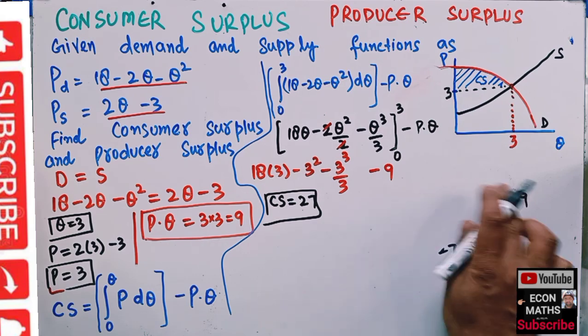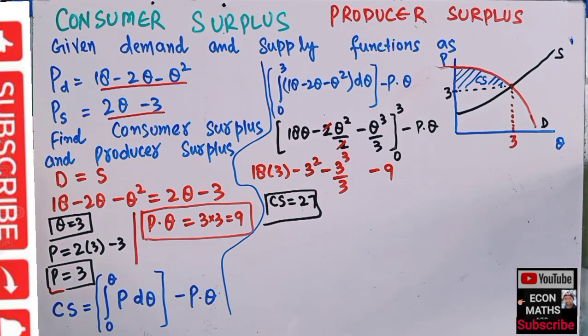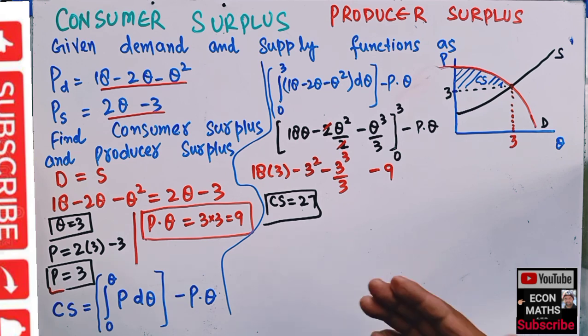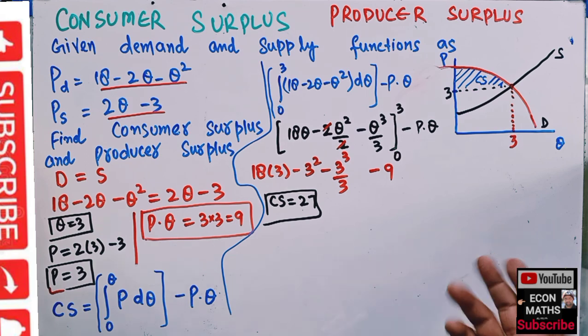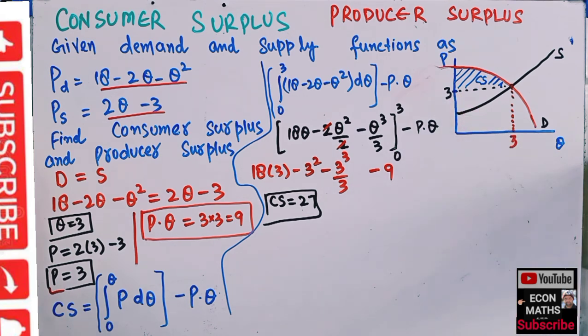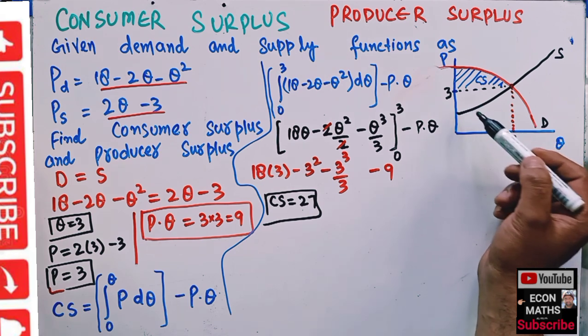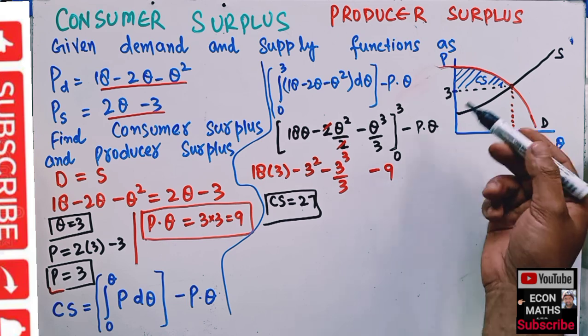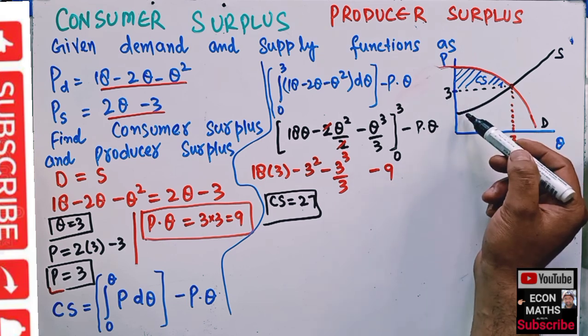What about producer surplus? Producer surplus is the difference between the price that a seller is willing to sell its product for and the price he actually receives. The actual price is 3, and sellers would be willing to sell their product at lower prices also.